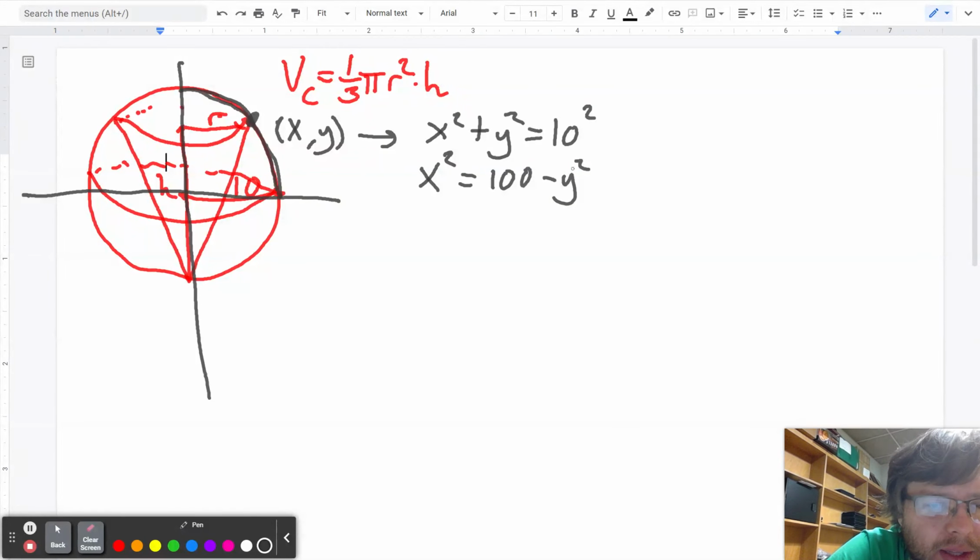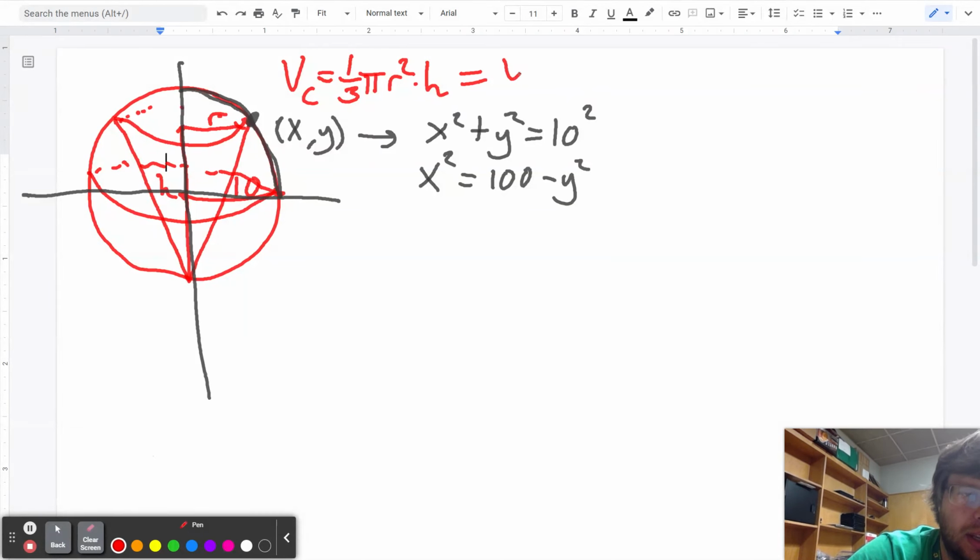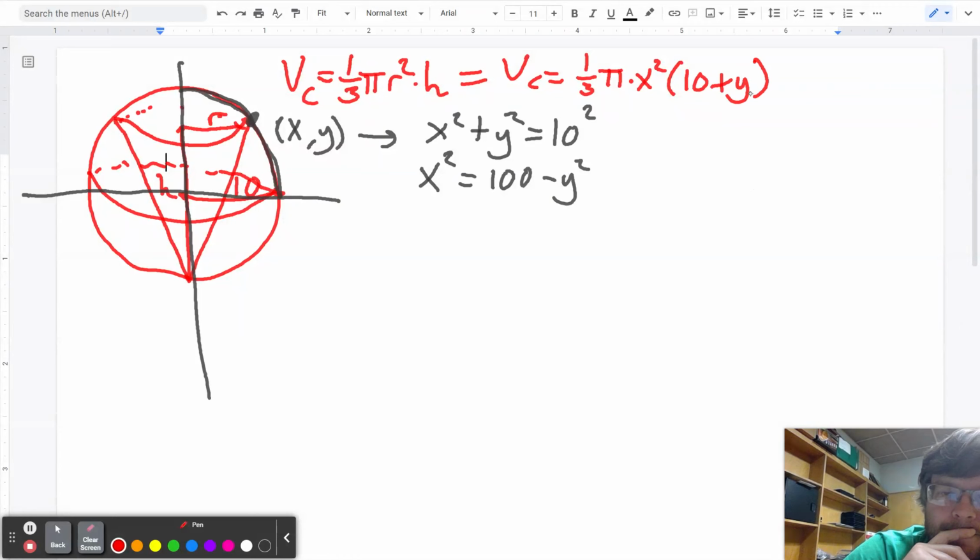And when I look at the radius of the cone, the radius of the cone is just equal to x. The height of the cone is just equal to 10 plus y. So I can rewrite my volume of the cone like this: 1/3 pi times x squared times the height, 10 plus y.